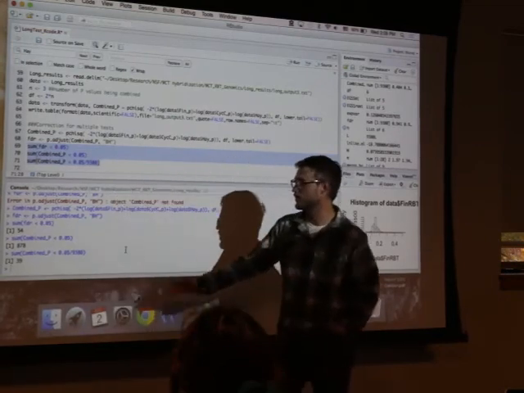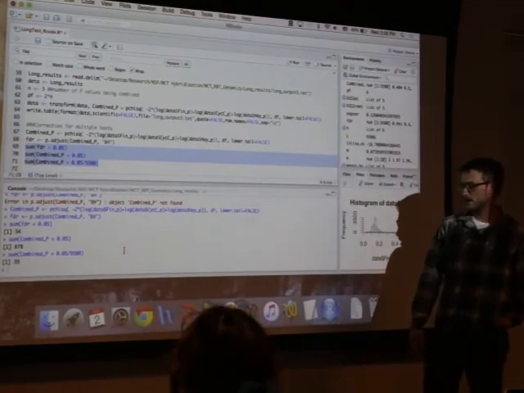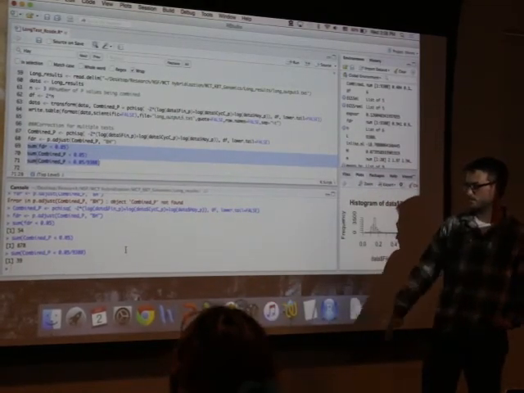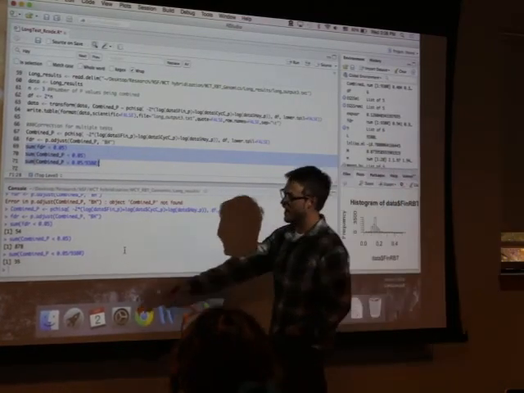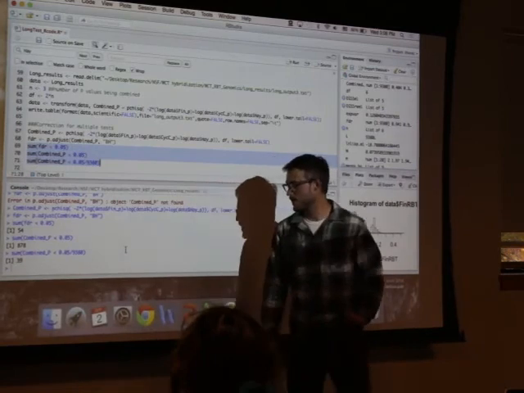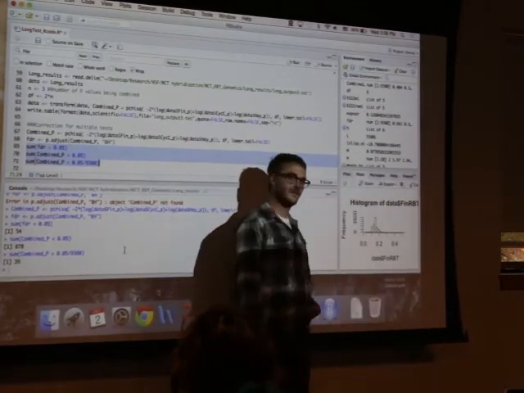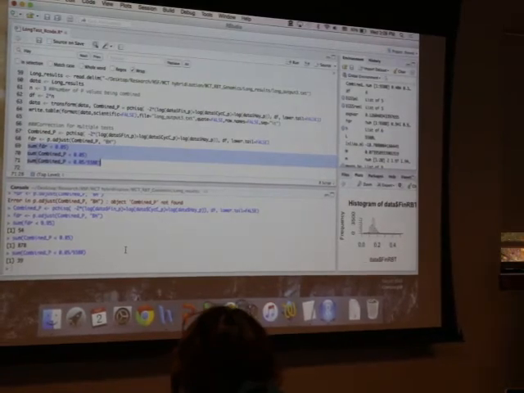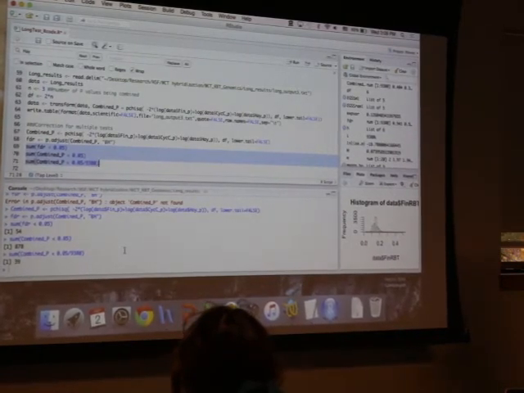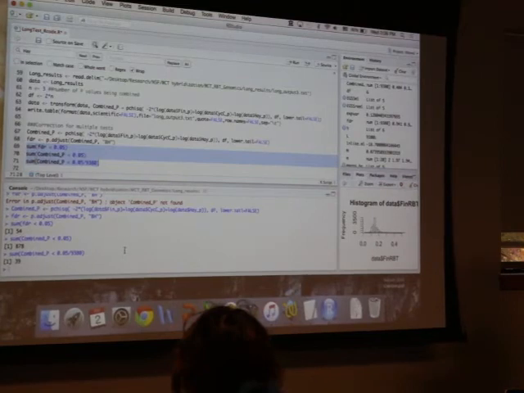So the false discovery rate gives 54, just the standard p-value gives 900, which actually seems pretty high, and then the Bonferroni gives 39. So it gives you some idea that you need to really think about which criteria you're going to use when you decide what is an outlier.